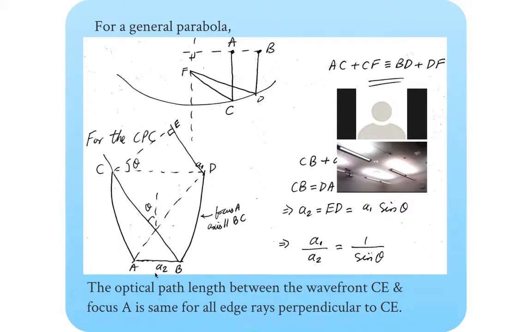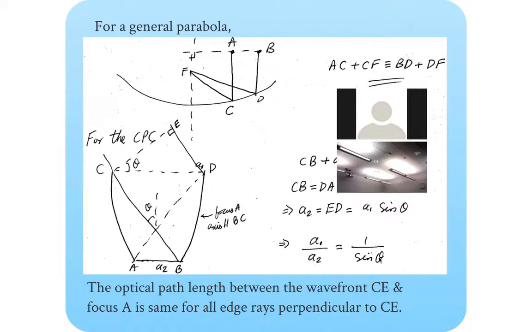That is, A1, the entrance aperture, divided by A2, the exit aperture, is 1 over sine of the half acceptance angle. This is a very important concept, and we derived it here.